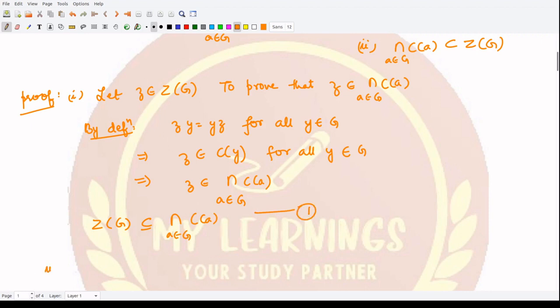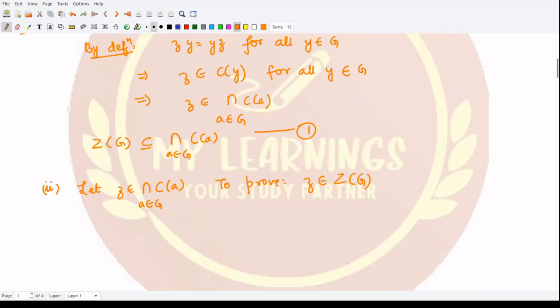For the second part of the proof, we assume that Z belongs to this intersection of C of A where A belongs to G, and we will prove that this Z also belongs to the center of G, right?